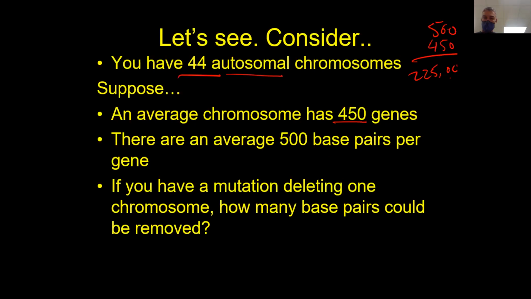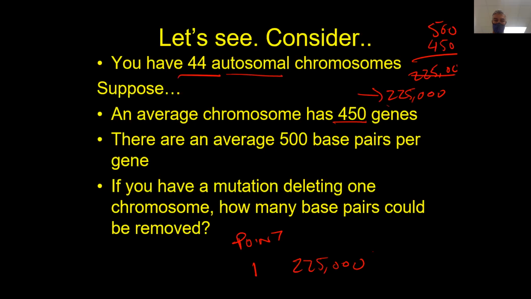If I lost that many bases, it seems like a chromosomal mutation would far outweigh a point mutation, because a point mutation could only alter one amino acid, whereas I would lose 225,000 bases here.